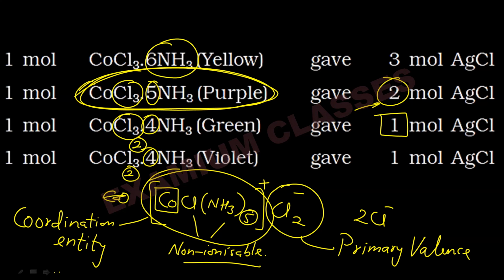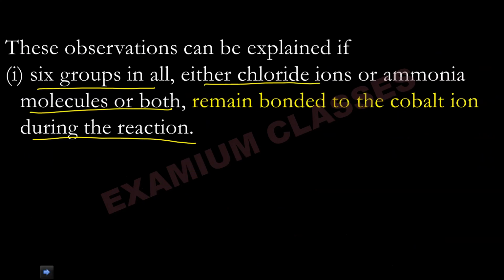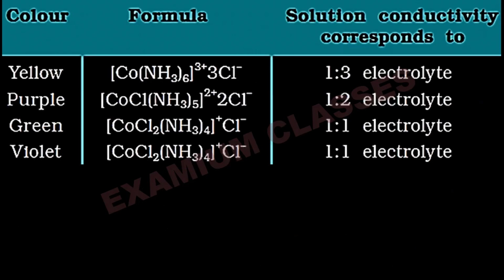So irrespective of the compound, if you are asked what is the secondary valence of cobalt, and any one compound is given, on that basis you can say it will always be 6. Only whatever is inside the square bracket will decide the secondary valence. Outside the square bracket is the primary valence.